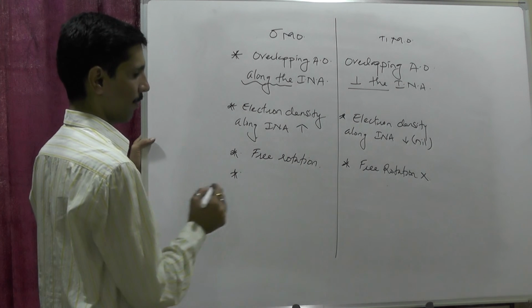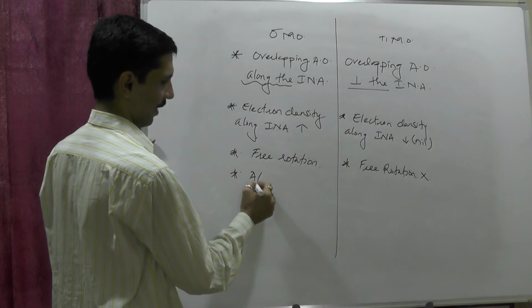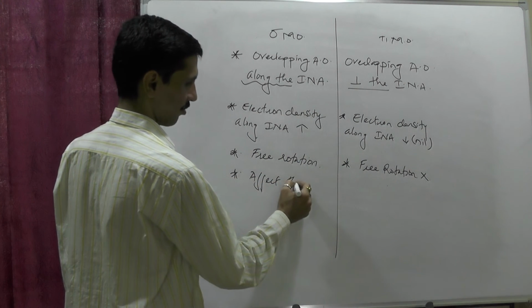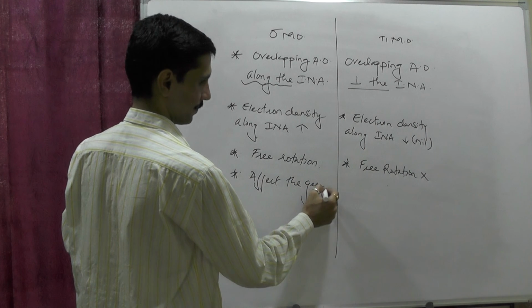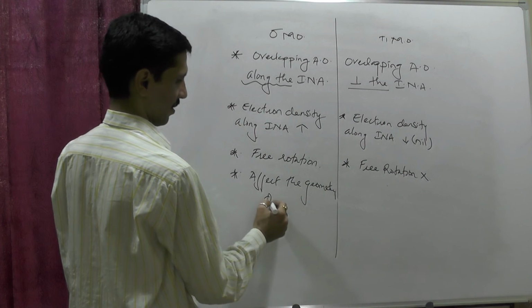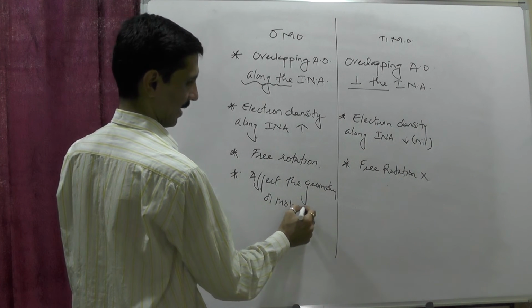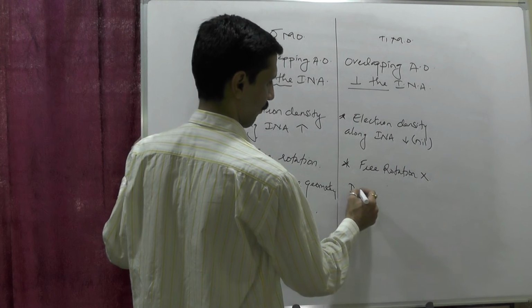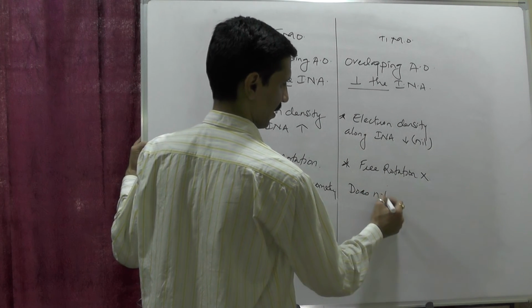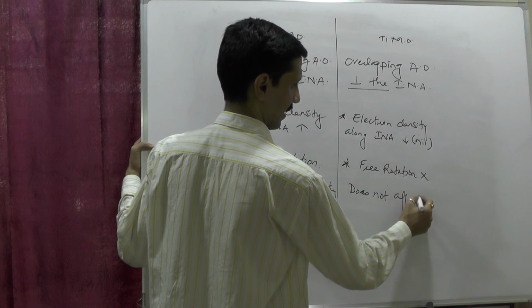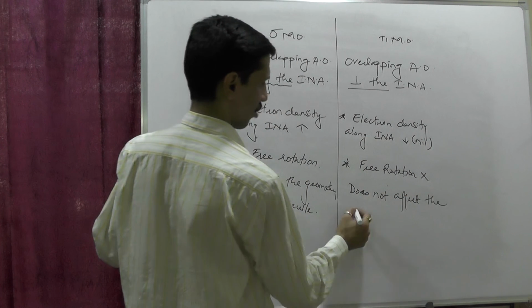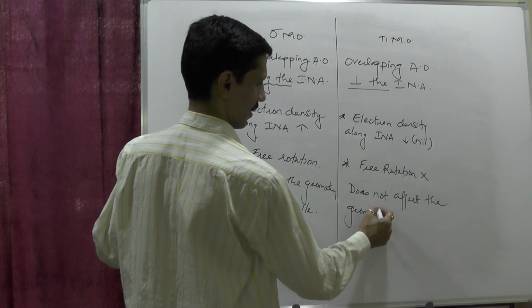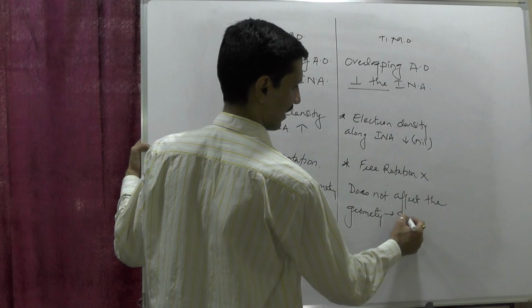When you talk about sigma molecular orbitals, they affect the geometry of the molecule; it can be bond angle, it can be bond length. Whereas pi does not affect the geometry to a greater extent.